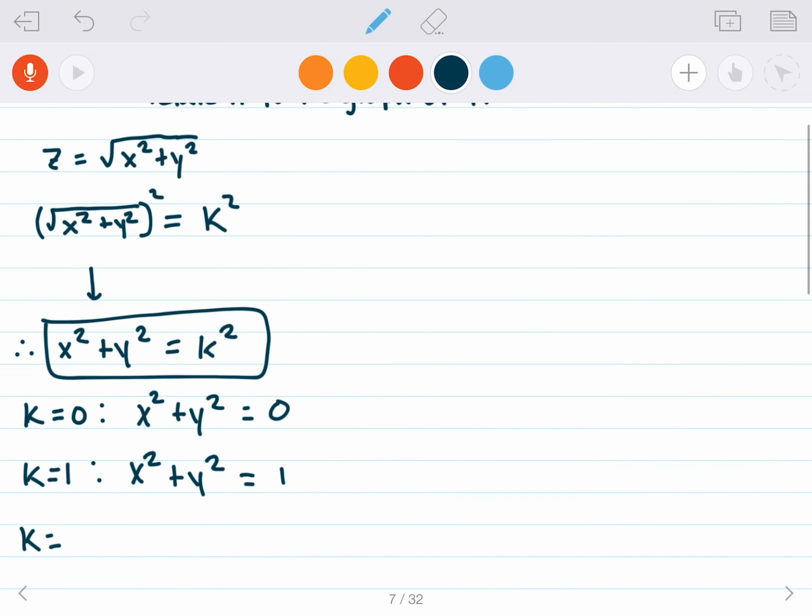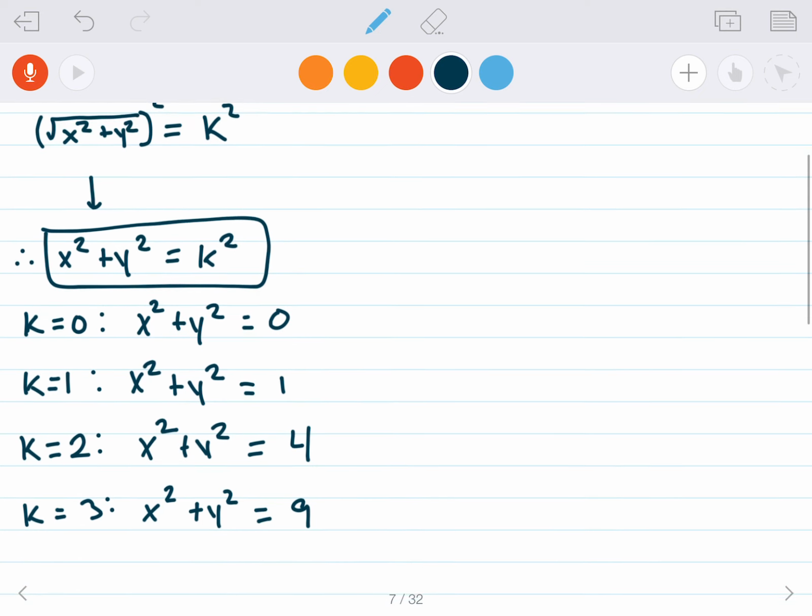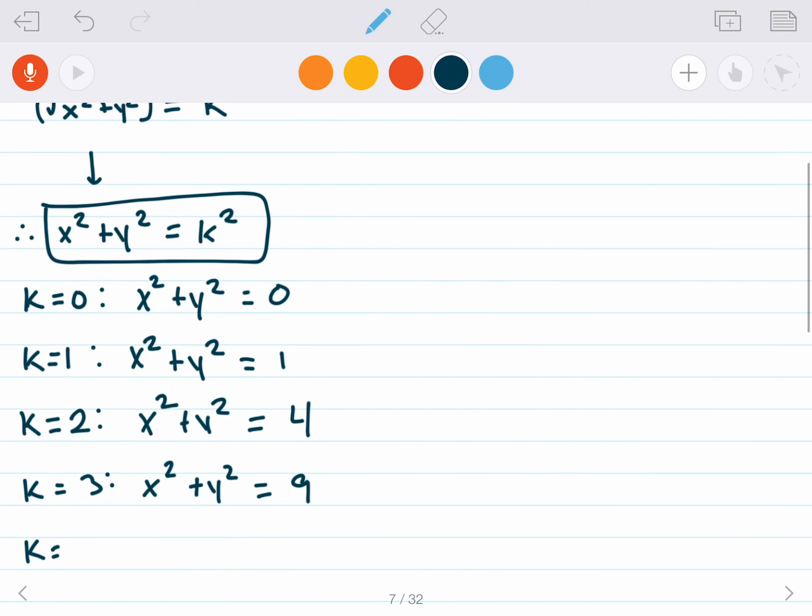When k equals 2, I get x squared plus y squared equals 2 squared, which is 4. When k equals 3, x squared plus y squared equals 3 squared, which is 9. And finally, I'm going to stop at 4. When k equals 4, we get x squared plus y squared equals 4 squared, which is 16.